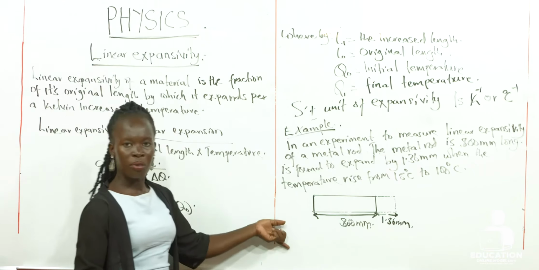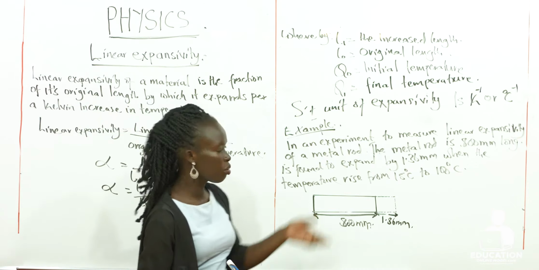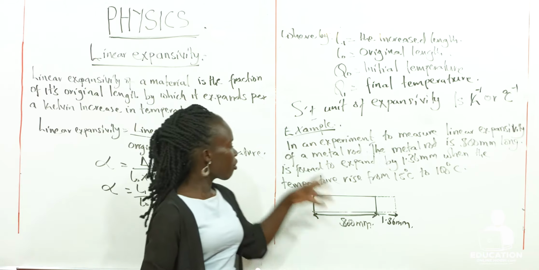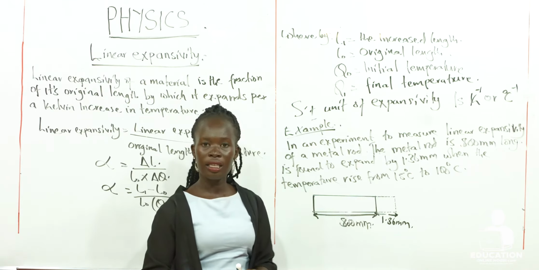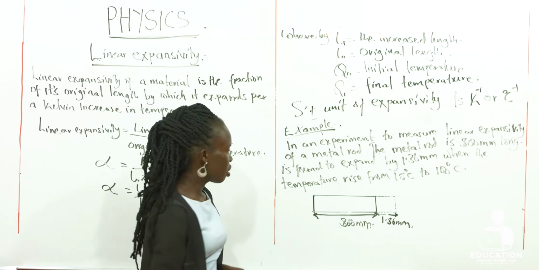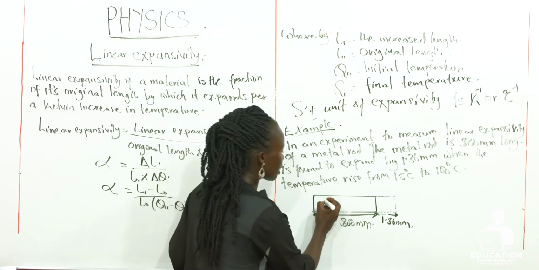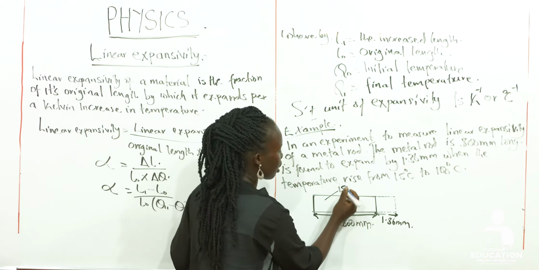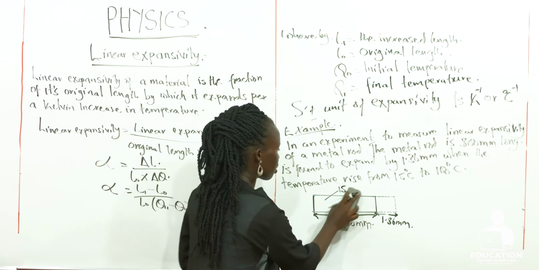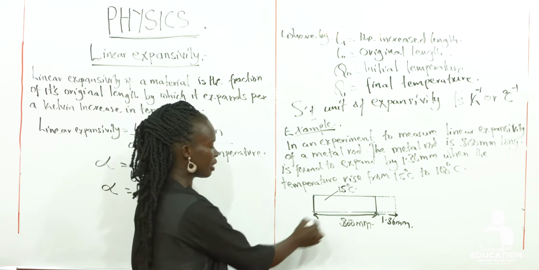What about the temperature? What was the temperature of the rod before heating it? The rod had a temperature of 15 degrees Celsius. So meaning that our initial temperature, the body temperature of this metal rod, was 15 degrees Celsius.